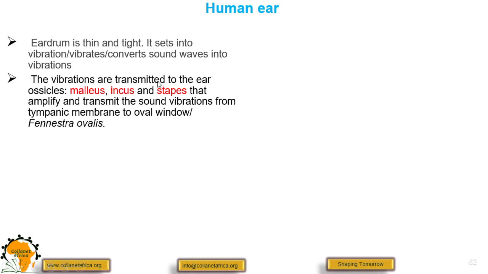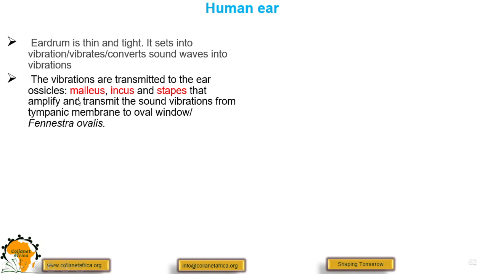It converts sound waves into vibrations. The vibrations are then transmitted to the ear ossicles, which are the malleus, incus, and stapes that magnify and transmit the sound vibrations from the tympanic membrane to the oval window.